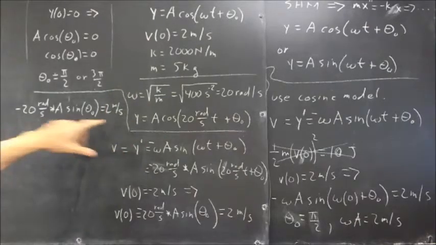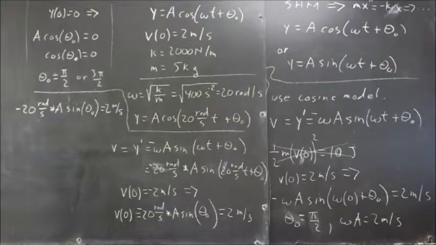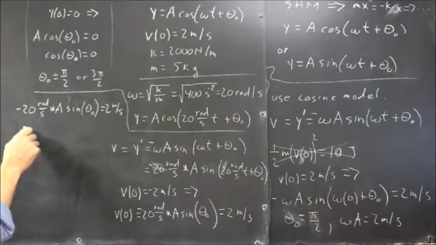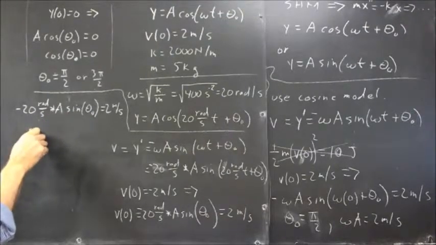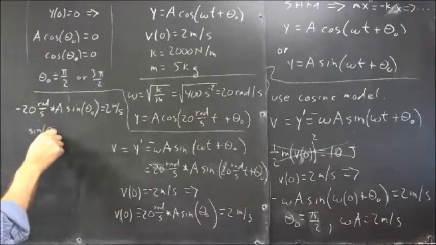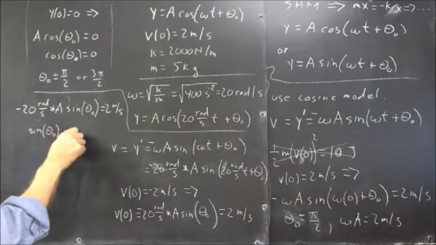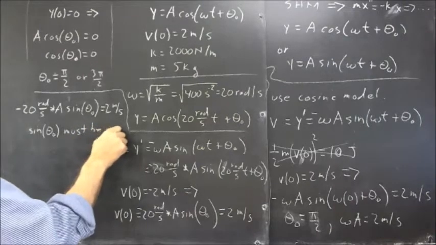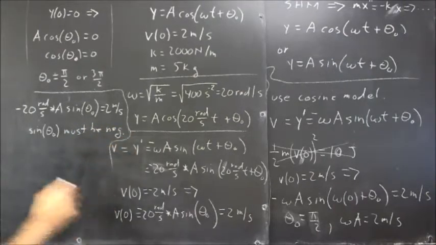The only way this is going to be negative is if the sine of theta naught is negative.